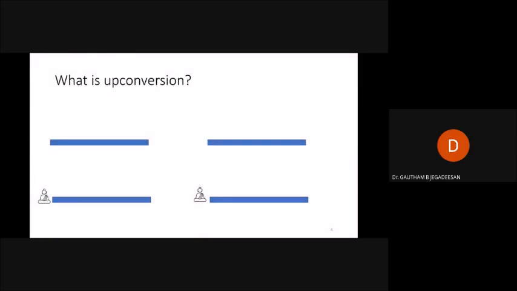Probably we all know what down conversion is. It is nothing but having an electron in the ground state which, by absorbing radiation, gets up into the excited state. Once it gets excited, it is an unstable state, so it should come down. By losing some energy, it comes down and emits radiation.